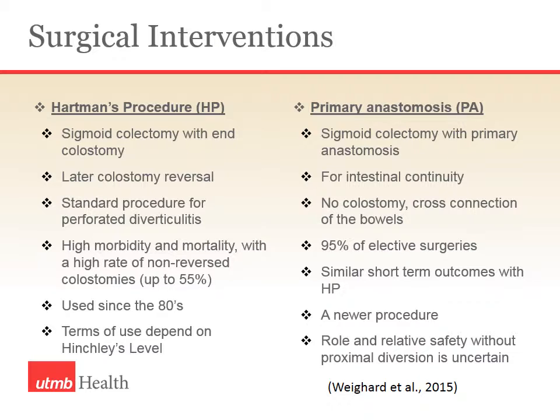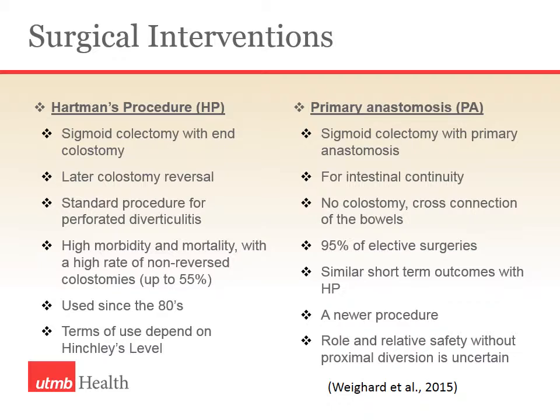However, up to 55% remain non-reversed, and that's even higher in our aging population. It's very standard and more well known. However, it's got a high morbidity and mortality rate.